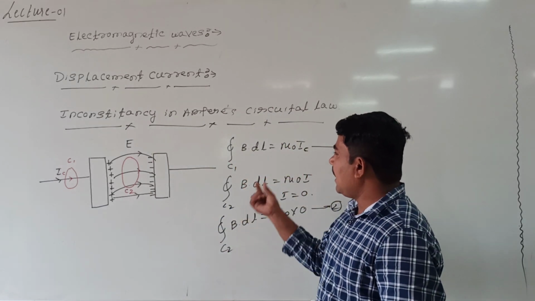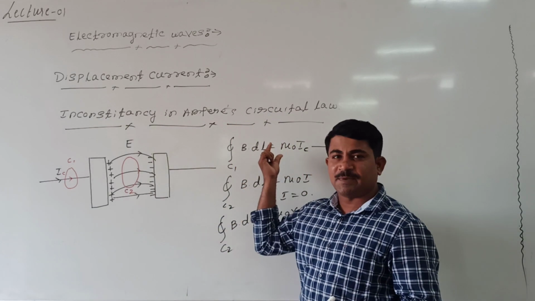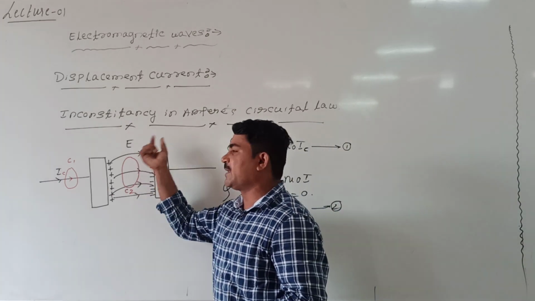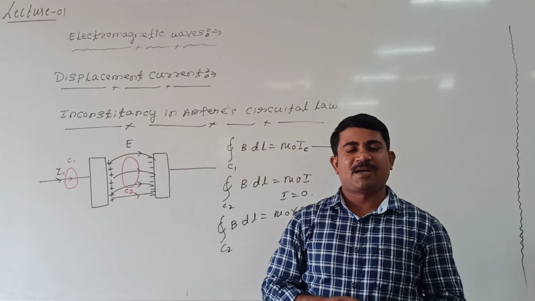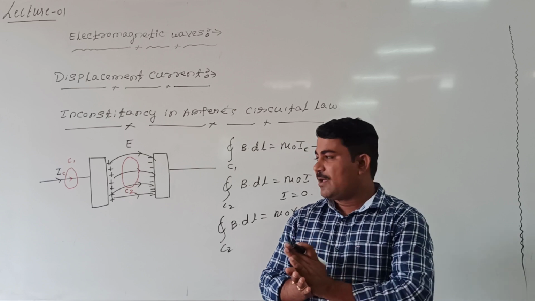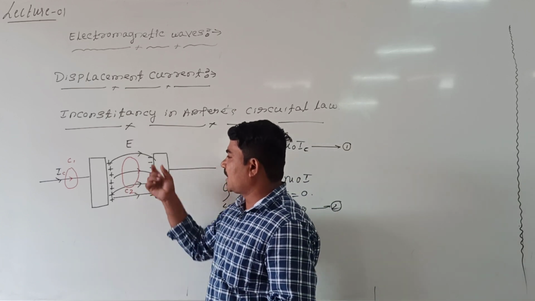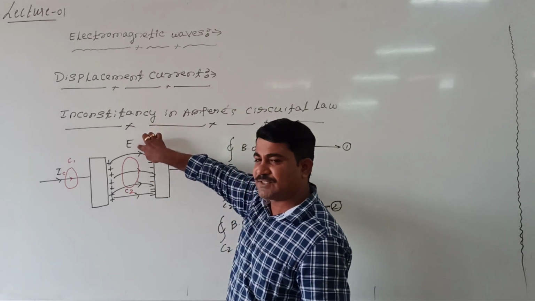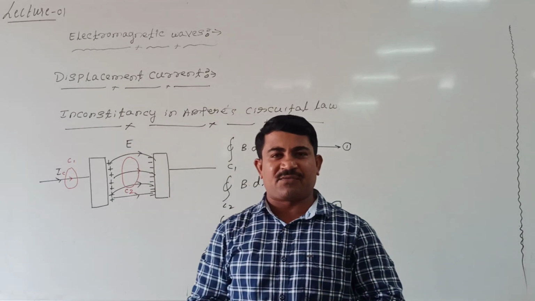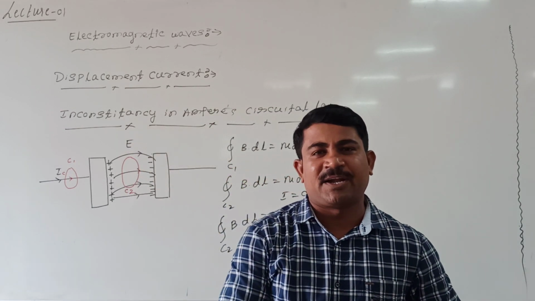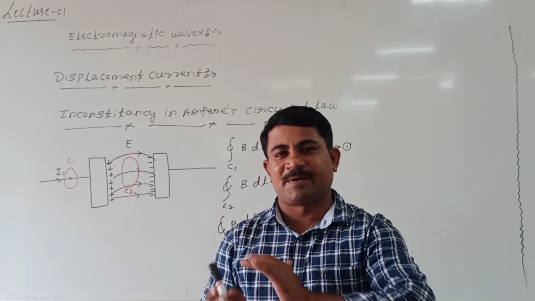I mean, in Ampere's Circuit Law, one more term is missing. That missing term we are calling displacement current. Are you following what Maxwell says? In between the plates of the capacitor, if the electric field changes and an electric current is produced due to the change, that current we are calling displacement current.